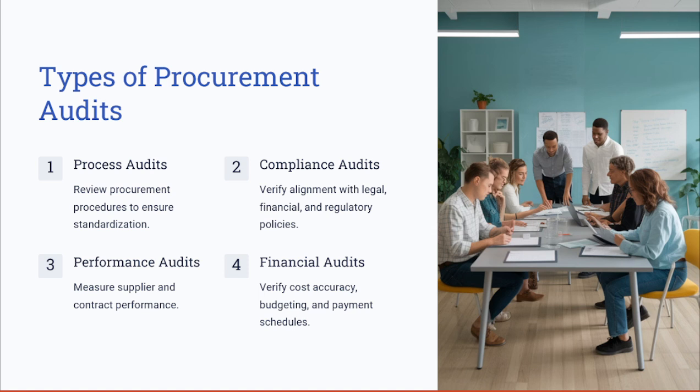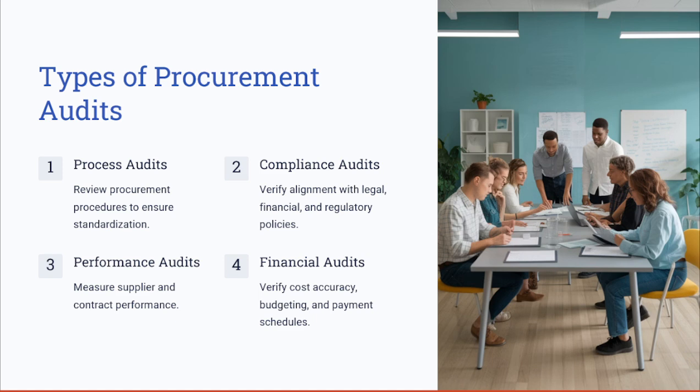We also talked about compliance audits, which verify alignment with legal, financial, and regulatory policies, which is very critical, and identify contractual breaches or ethical violations. The third type is performance audits, to measure supplier and contract performance and ensure the procurement objectives align with the project goals.